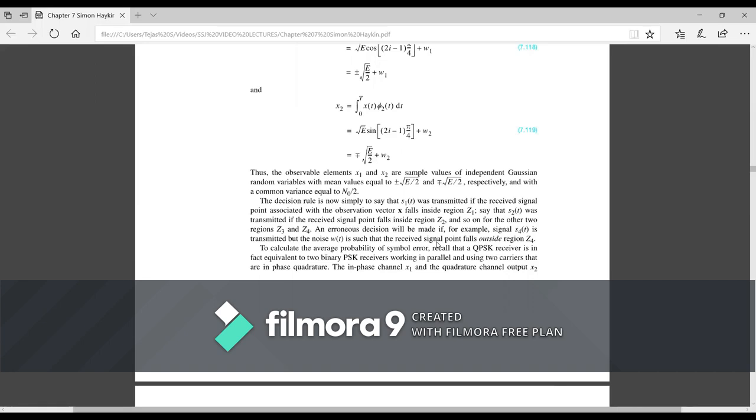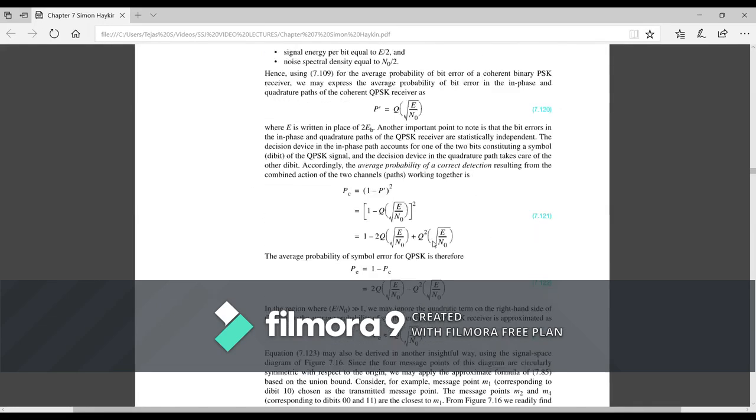Substituting for P', which is the probability of error of a binary PSK signal, and expanding, you get 1 minus 2Q of root of E by N0 plus Q square of root of E by N0. Now the average probability of symbol error for QPSK is P equal to 1 minus Pc. Substituting for Pc, I get these 2 terms.